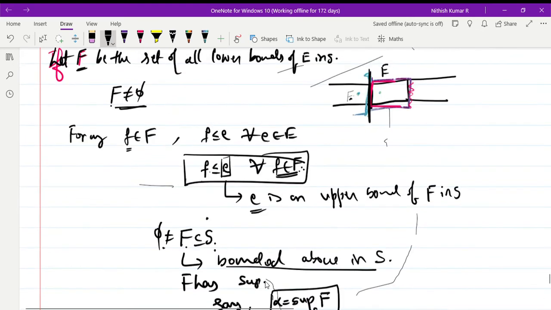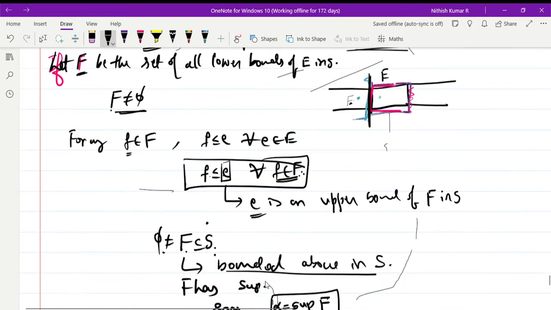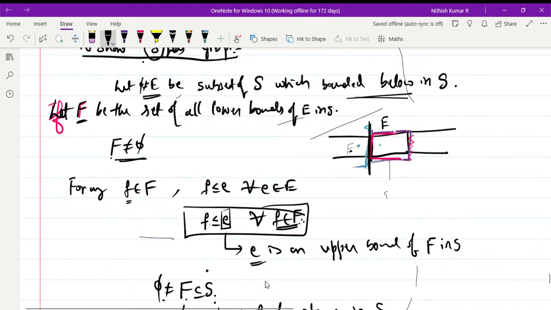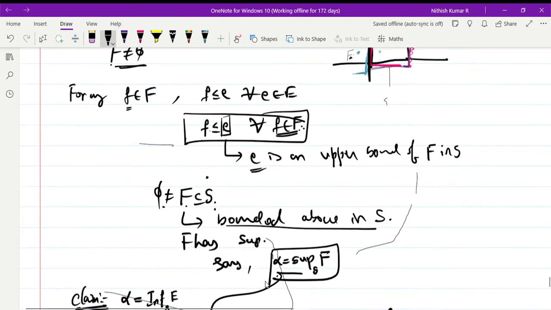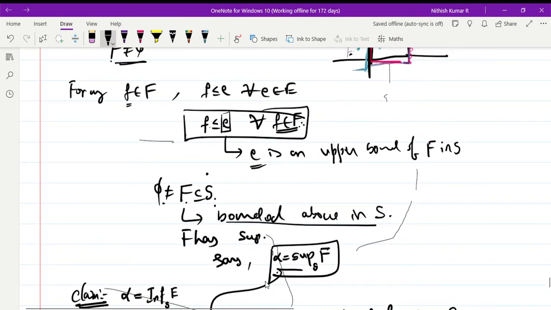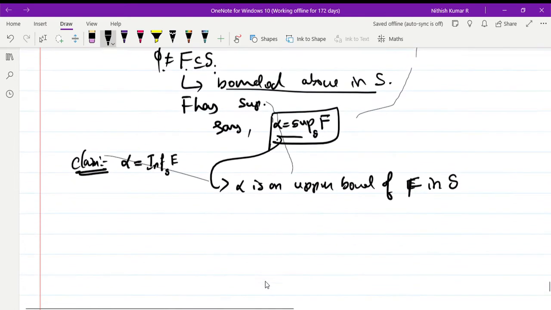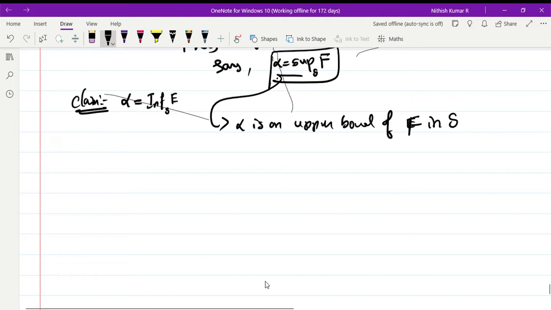Now observe, here we see that every element of E is an upper bound of F. Therefore this alpha must be less than or equal to e for all e belongs to E. Why?